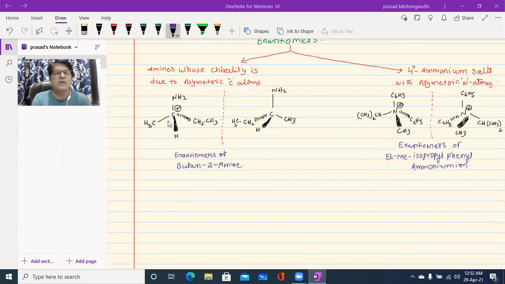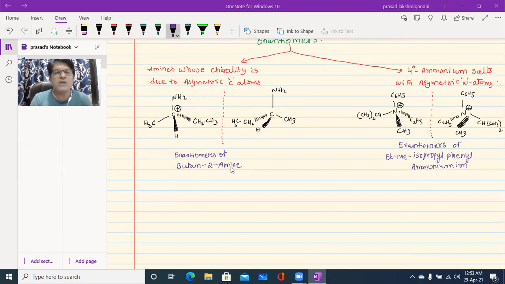The bar line is the plane of the paper, the dark line is shown towards the observer, front bonding, and the dotted line is away from the observer, back bonding. So these two are non-superimposable mirror images, therefore they are enantiomers.